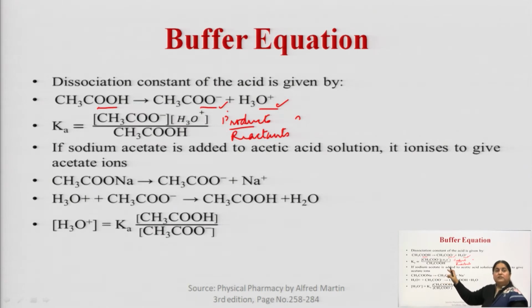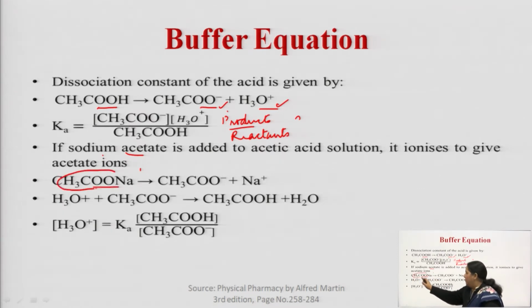So, we have to see the effect of the salt which we are adding to this weak acid. The salt, sodium acetate, when added to the acetic acid solution, ionizes to give acetate ions. So, if we add sodium acetate, which has an ion common to that of the weak acid, that is the acetate ion, it will give acetate ion and sodium ion. So, what will happen?